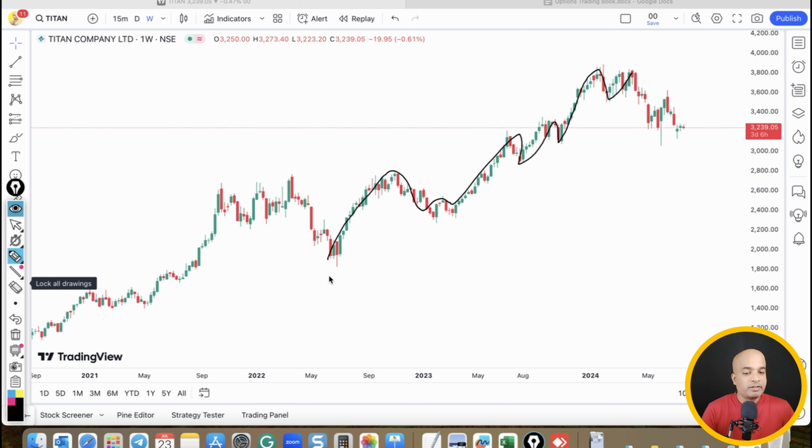What it means is this is a low, this is a high. Compared to this low, this made a higher low, right? And this made a higher high. So until price keeps on making higher lows and higher highs, we can consider this to be in an uptrend. Until here, the price is in an uptrend.